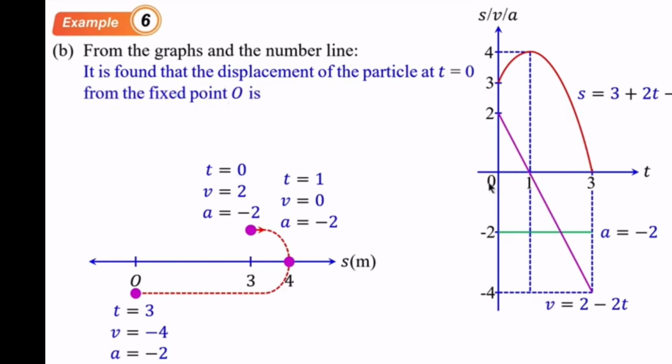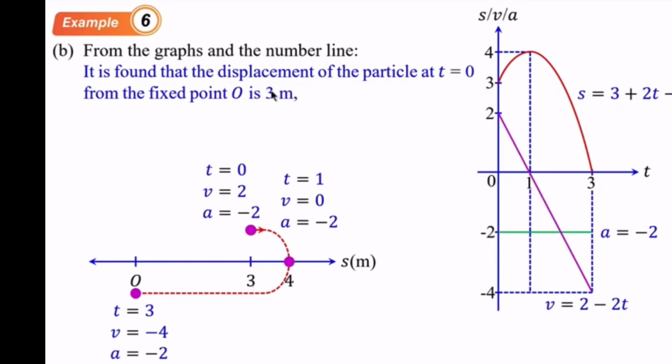Of course, you read the graph, it should be 3 meters from the fixed point. So that is how we label. When t is 0, we will label 3 meters from the fixed point O. That is the starting point for the particle before it starts to move.